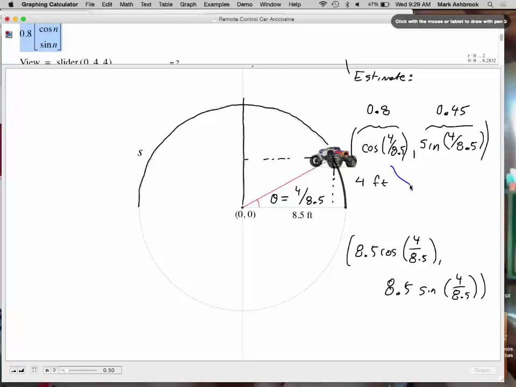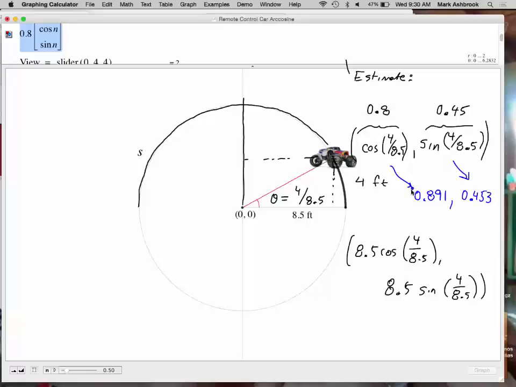This first one, cosine is? 0.89. Okay. One more decimal place. 0.891, and this one was? Okay, so we were really close with our estimate, right? He said a little less than half, and I said 0.45, and that was almost exactly right.